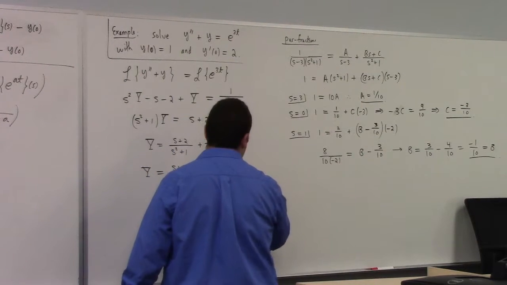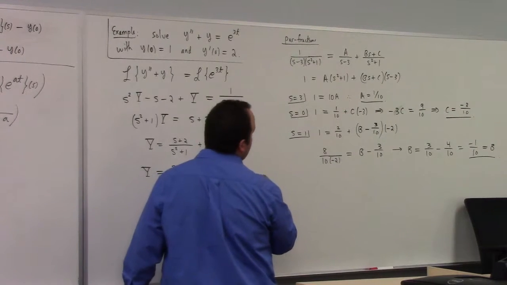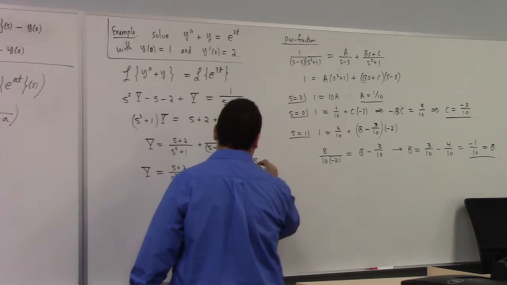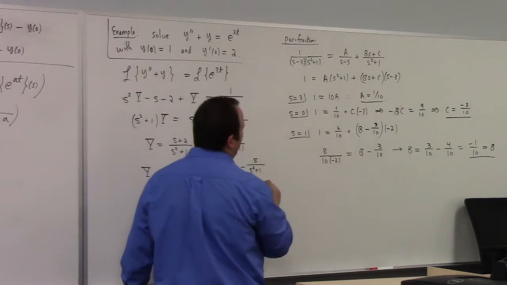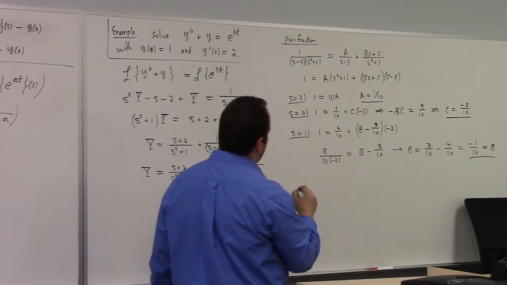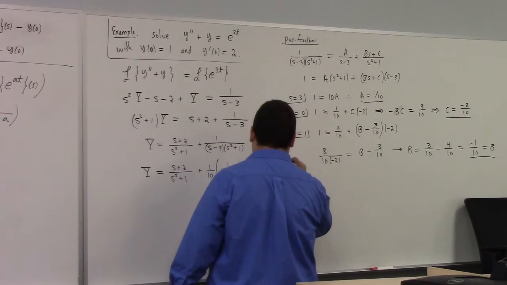You got yourself a minus s over s squared plus 1. And what else? Where were we? Oh yeah, the c, minus 3 over s squared plus 1. 3s over s squared plus 1.